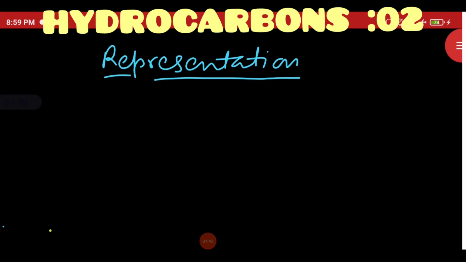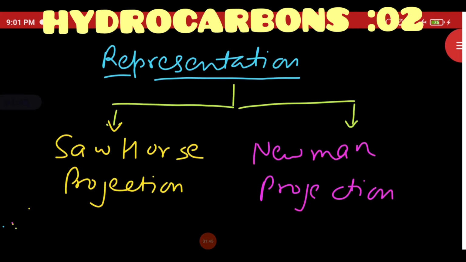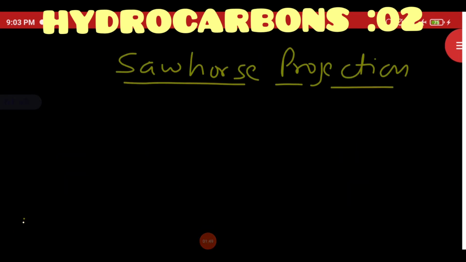Representation: Sawhorse projection and Newman projection. In Sawhorse projection, the molecule is viewed along the molecular axis. The upper end of the line is slightly tilted towards the right side or the left-hand side.